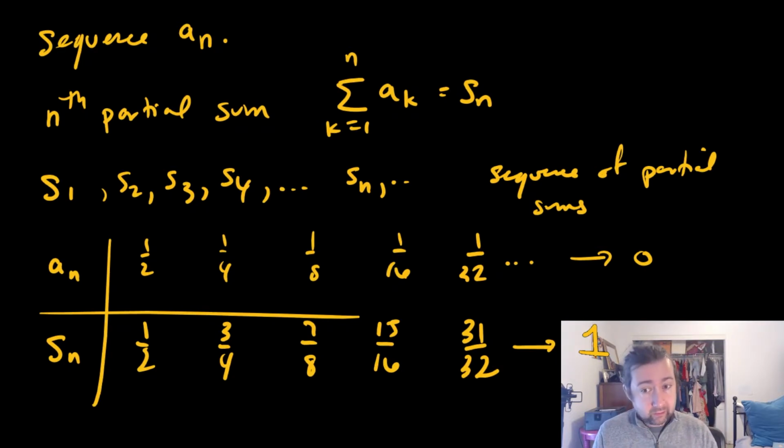So this particular series, that is the series that goes 1/2 plus a fourth plus an eighth plus a 16th, that's what we're going to mean by a convergent series. A convergent infinite series is a series for which the sequence of partial sums has a limit.